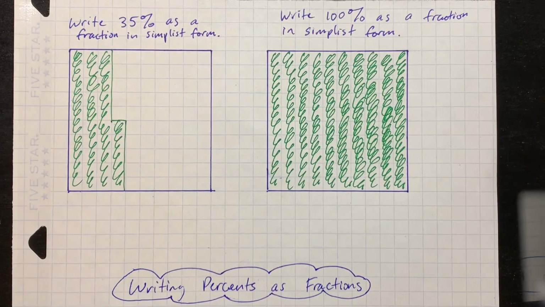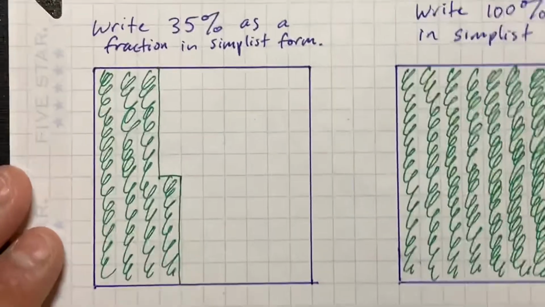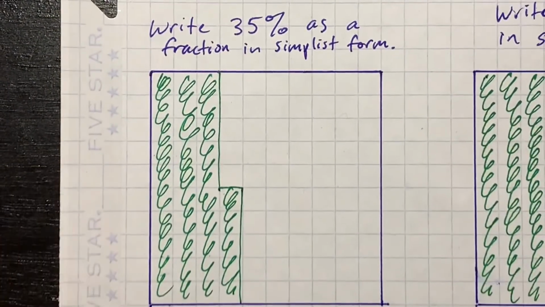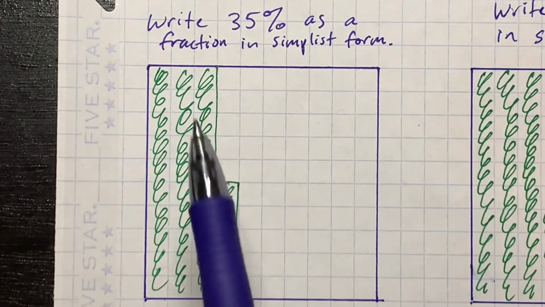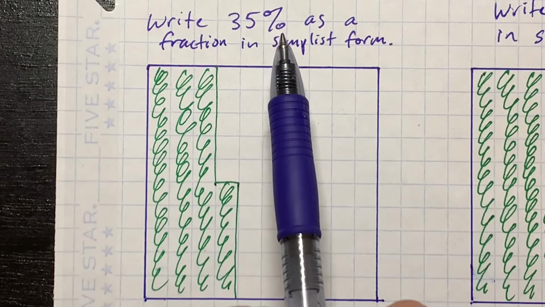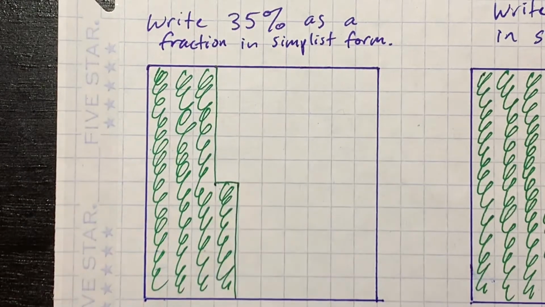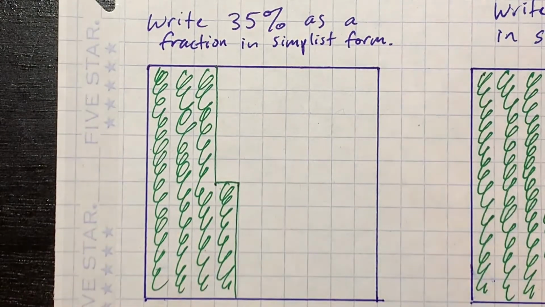All right, next we're going to write percents as fractions. One more time, we're going to write percents as fractions. So let's focus on the first problem. We're going to write 35% as a fraction, and then we have to reduce it to simplest form.